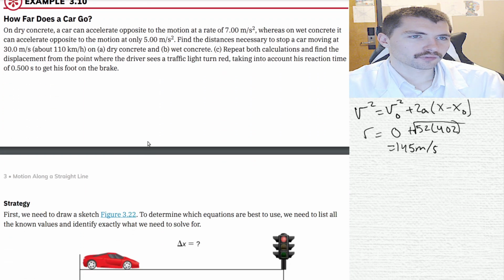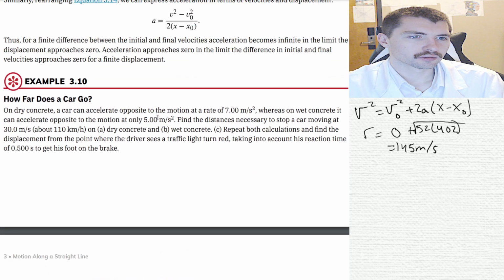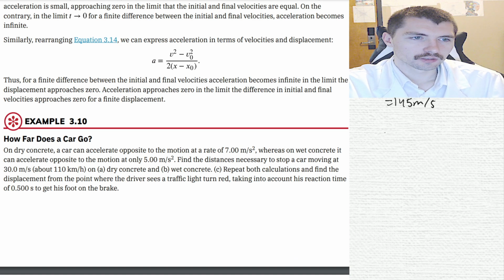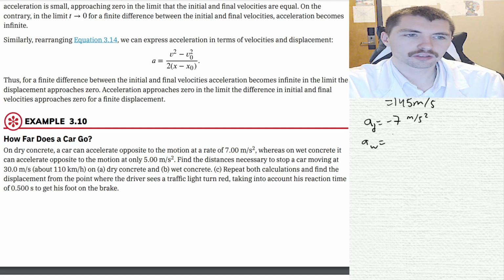So how far does a car go? A car can accelerate opposite to the motion. So a car can do A equals negative 7 on dry, and A on wet is negative 5.